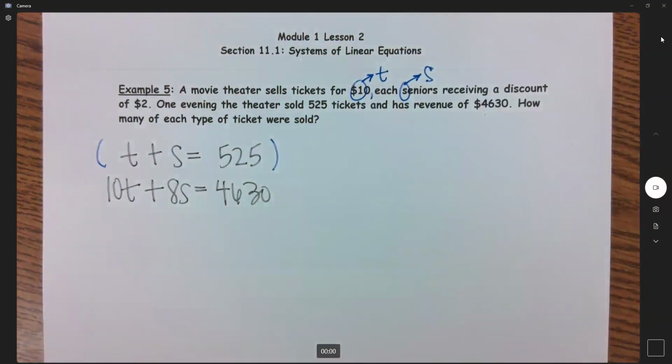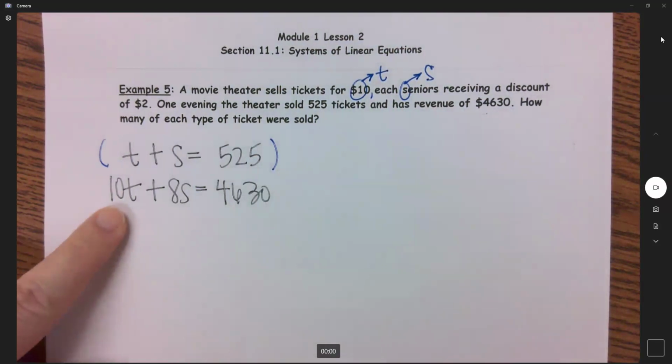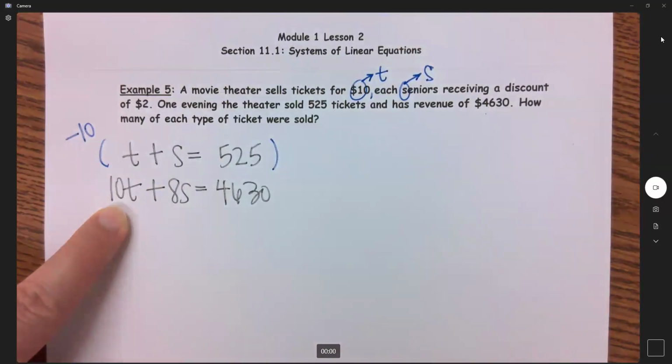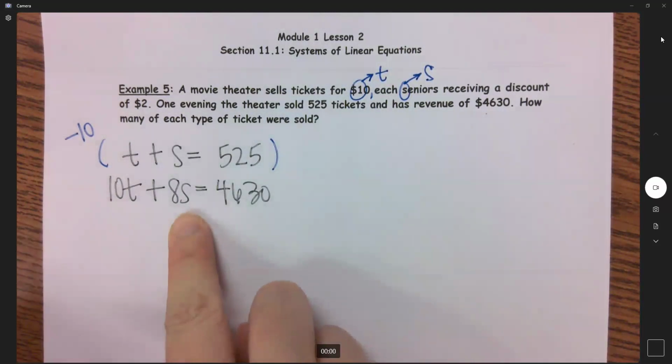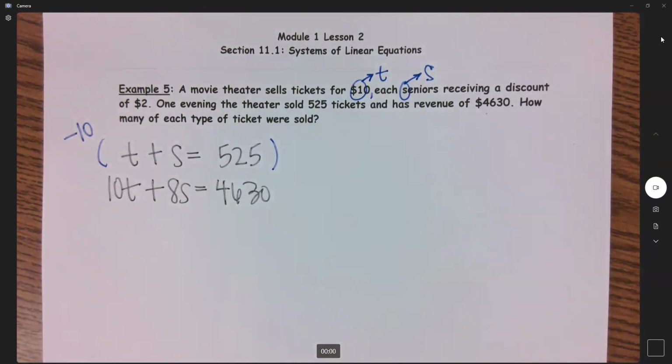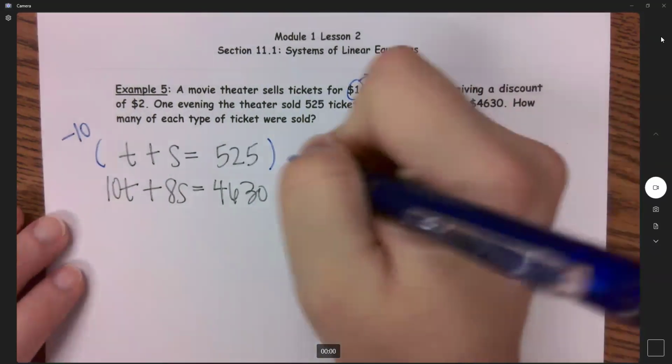We can eliminate S or T. If I wanted to eliminate my T's, what would we have to multiply the top one by? Hopefully you said -10. If I wanted to eliminate S, we would multiply the top one by -8. It doesn't matter which one you eliminate first, you're going to get the same answer. But I'm going to go with my T's.